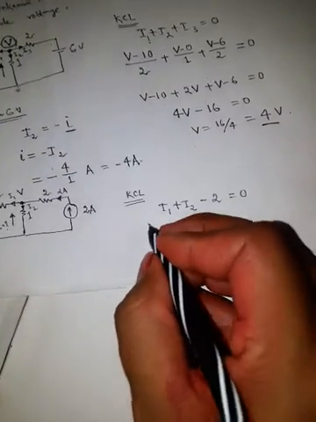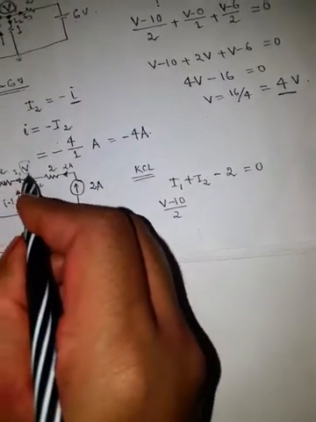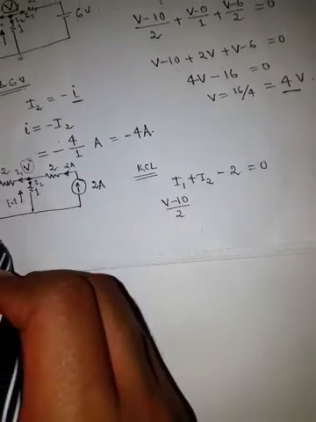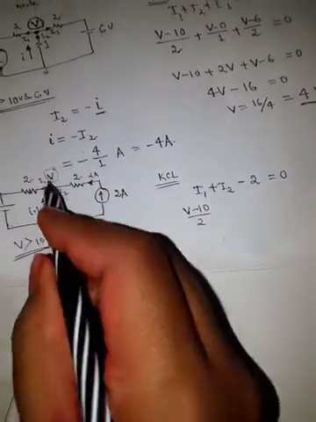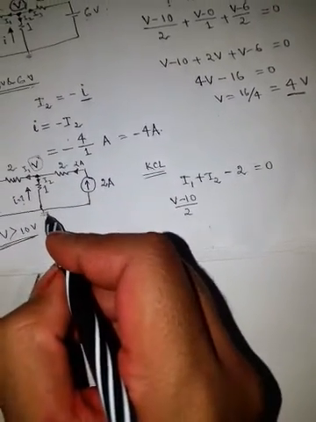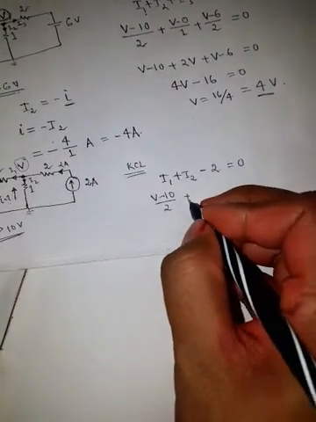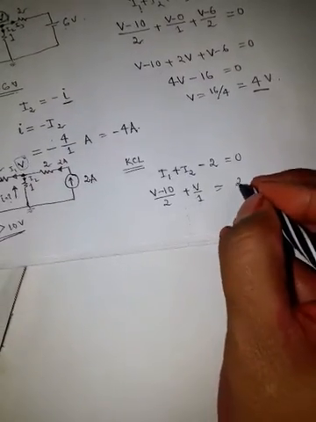So I1 is equal to V minus 10 by 2. As I told earlier, I will assume this V greater than 10 volt in this case, and obviously this is at ground potential, so V is greater than that potential. So (V minus 10)/2 plus V/1 is equal to 2.